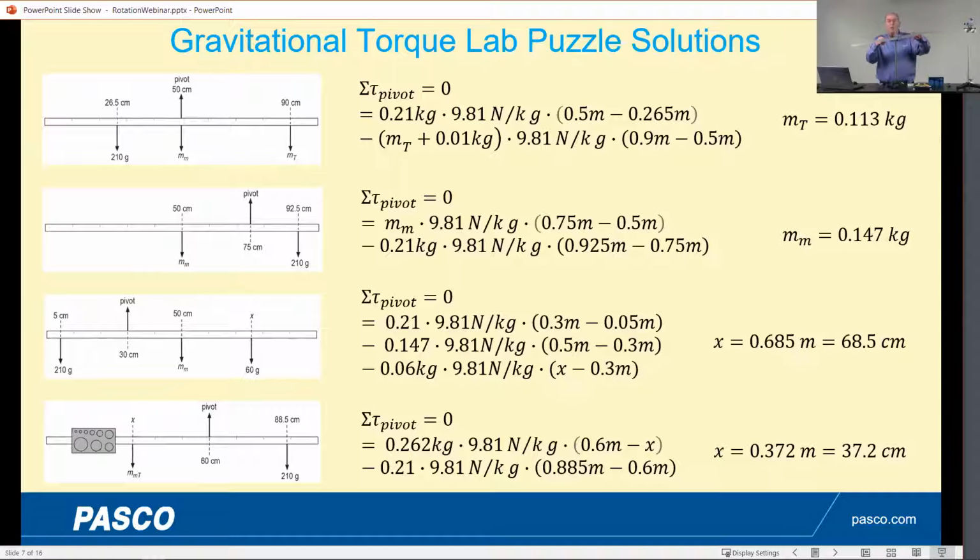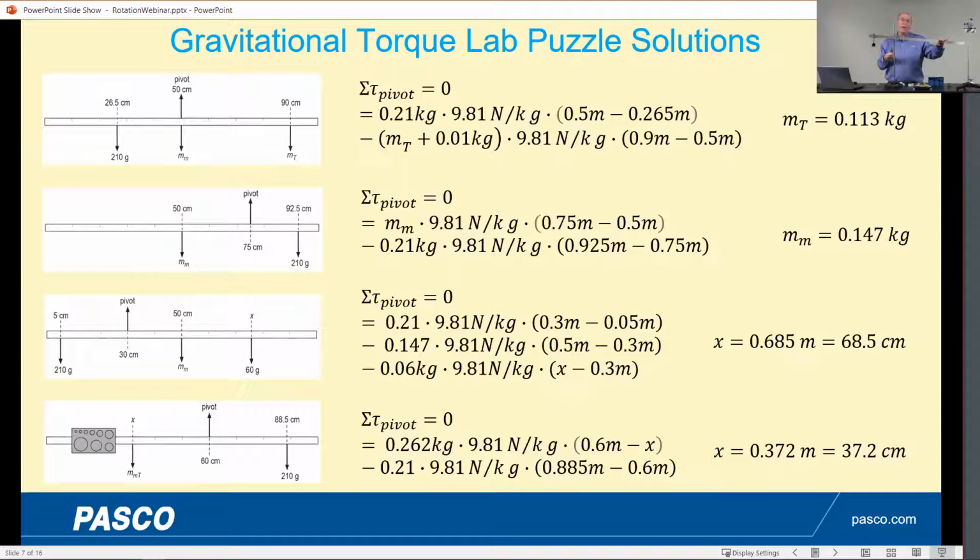In this case, we're going to put the pivot off to 30 centimeters. And we're going to put the 210 mass at 5 centimeters. And what they're supposed to do is predict where to hang the 50 gram mass, a total of 60 grams with the hanger, on this side to balance it.